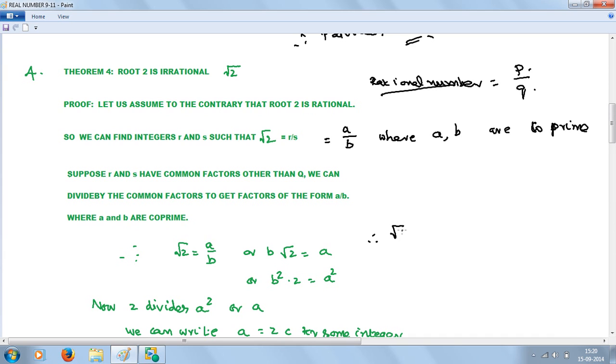Therefore, root 2 into b is equal to a. Square both sides. 2b square is equal to a square.